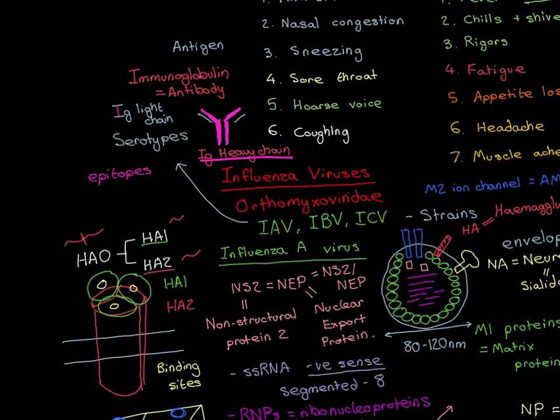They have different functional groups exposed, etc., that you could produce antibody molecules that would be capable of binding there. So, the hemagglutinin molecule has multiple different epitopes, and therefore when you get an antibody response to it, you get loads of different types of antibodies being produced that can bind to the different epitopes.